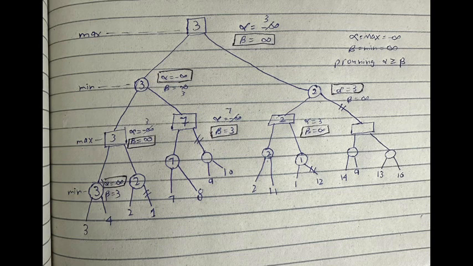Alpha is maximum and it's negative infinity, because we don't know the value at the start, so we're assuming it can be any number. It can be any number, because sometimes we get big data, and data can be in high numbers. We can't limit it to minus 10,000 or a million.